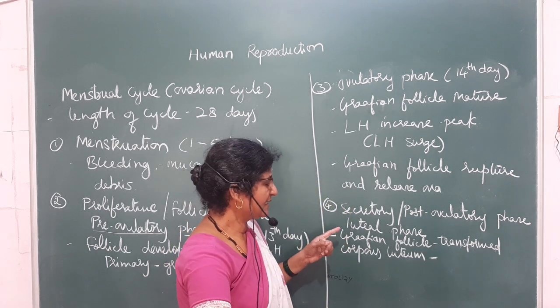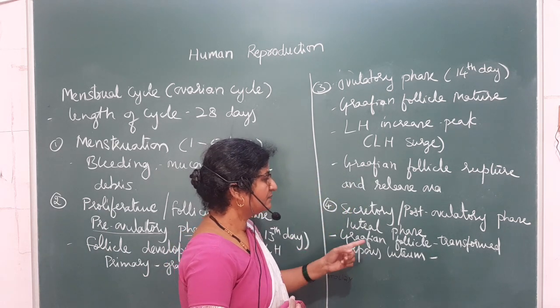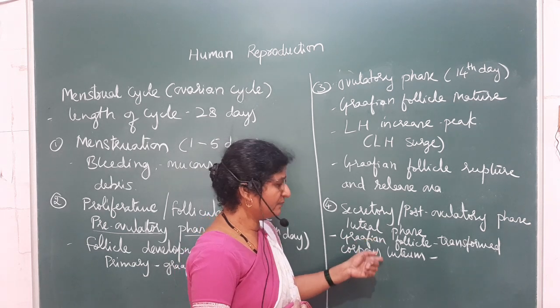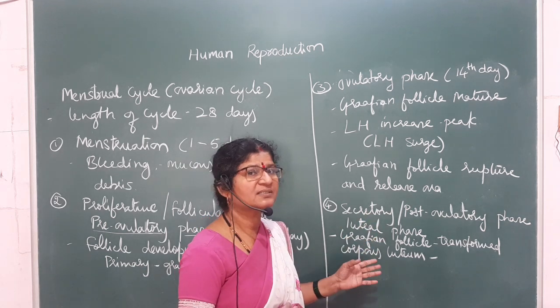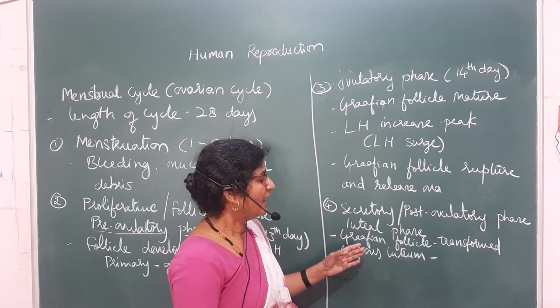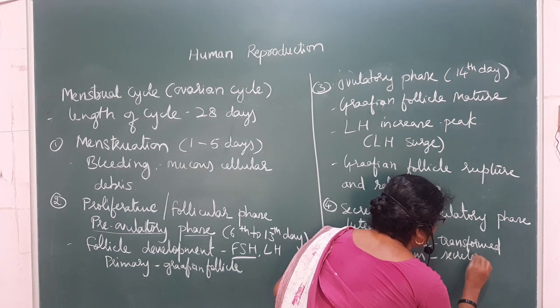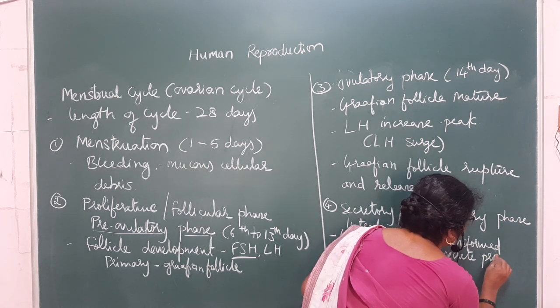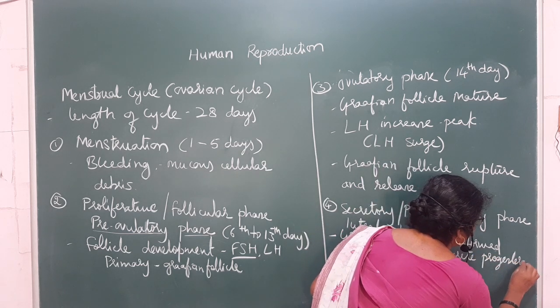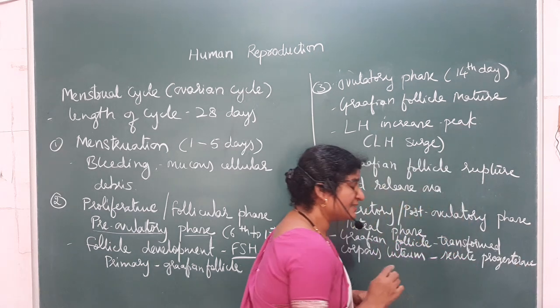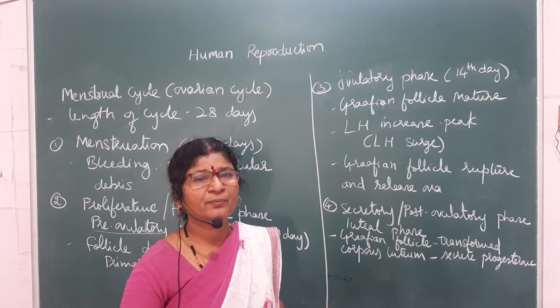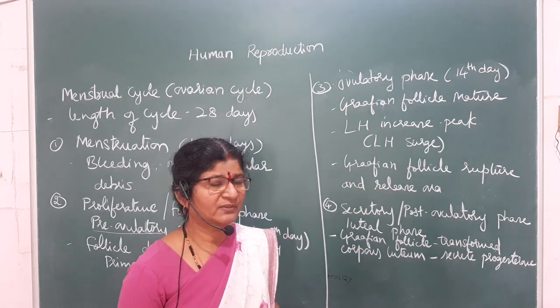So the remaining cells of the Graafian follicle will get transformed into corpus luteum, and you know that the corpus luteum is a temporary endocrine gland, and it will secrete progesterone, which is necessary for the maintenance of the endometrium and for the support of the pregnancy.